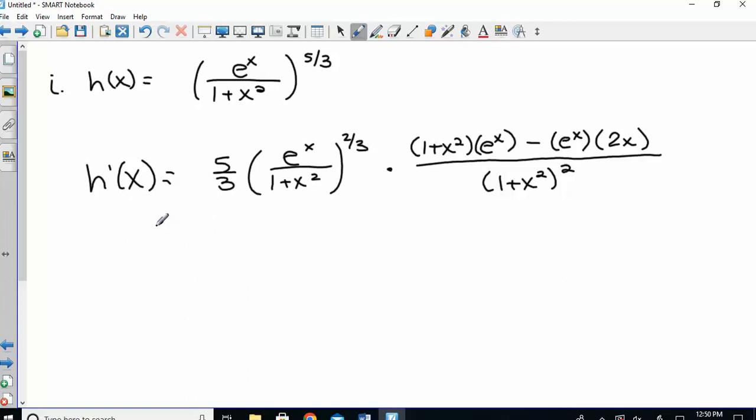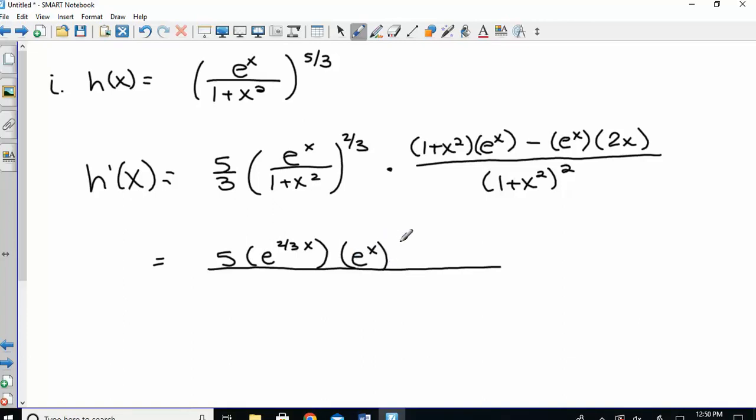From here, we can simplify a bit. Okay. Tell me if I lose you. Here's what I want to do. So I have this 5. This would be like e to the 2/3 x.